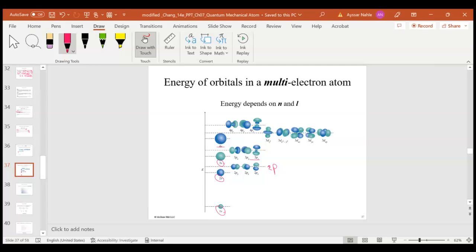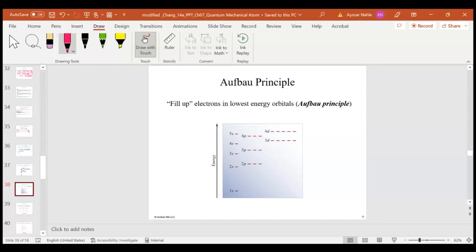And then we go to where? 3d. 3d is even higher. So always S is the lowest energy, P higher, D higher, F higher energy. Keep this sequence in mind. And then 4p and so on. So that's the level that we have to keep in mind. Now, again, we have 1s, 2s, 2p, 3s, 3p. 4s is lower than 3d in here.